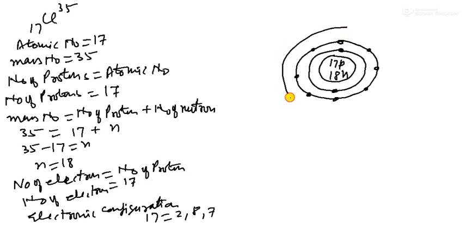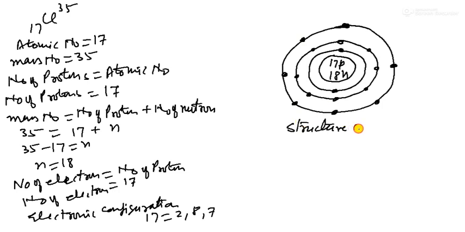In the outermost orbit there are only 7 electrons: first electron, second, third, fourth, fifth, sixth, and the seventh is here. So that is the structure of chlorine.